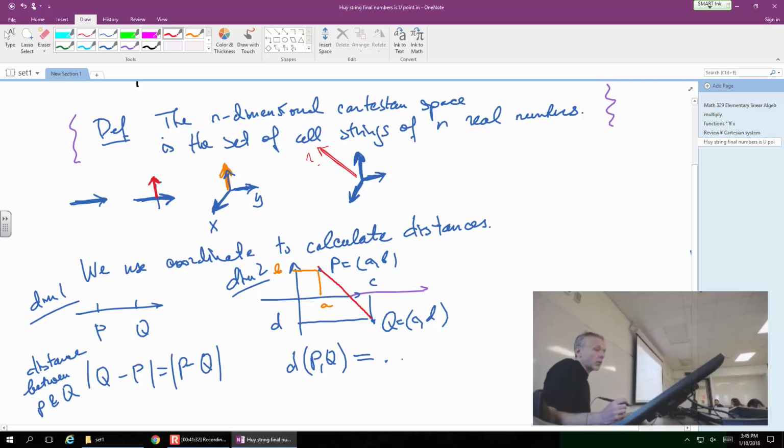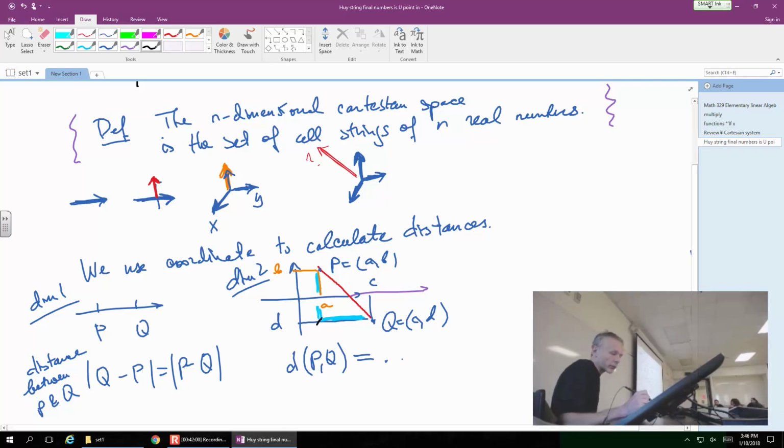So how do we go about finding it? Using geometry. The Pythagorean theorem. Okay, so this is the triangle, probably right triangle, that has my segment between the 2 points as my hypotenuse.